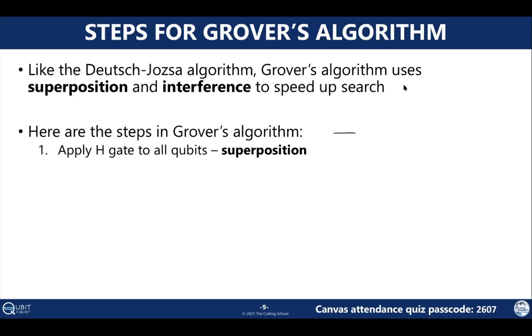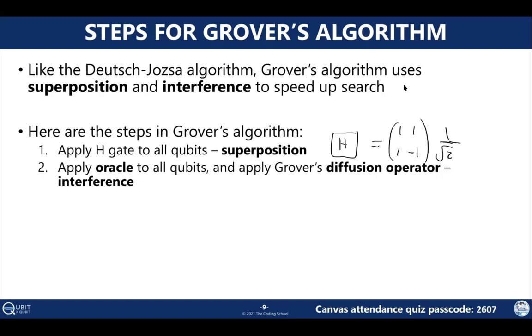If you remember, the Hadamard gate just looks like this, and the form is 1, 1, 1, minus 1 normalized by square root 2. We then apply the oracle to all qubits and then apply Grover's diffusion operator, which gives us an interference effect between the qubits. And so this is one iteration of Grover's search.